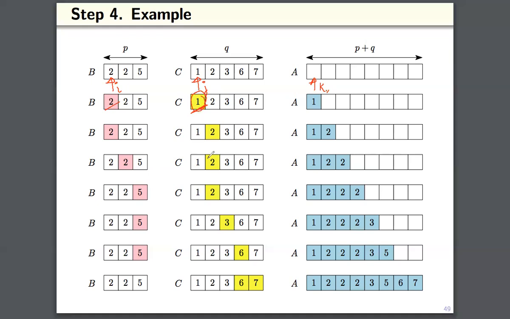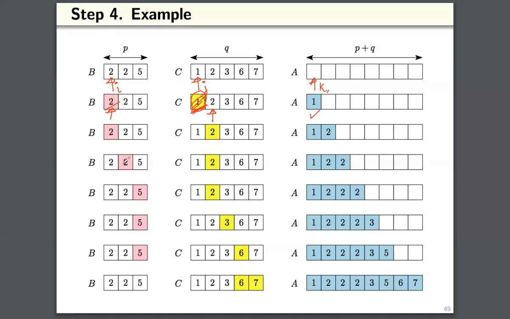One is smaller. So what you do is copy this element 1 to A. That means in A of K, you copy this element. You already added 1, right? So move the pointer. Now J points to 2. We are done with this element. I is still pointing to 2 here. Now compare B of I and C of J. Look at which is the smaller element. Okay, 2 is the smaller element.